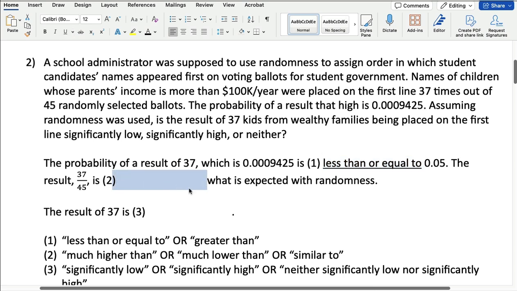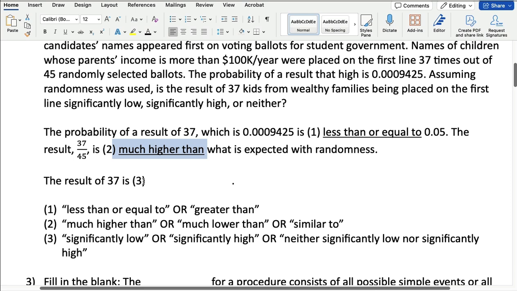Considering the low probability, and the statement in the directions, it says the probability of a result that high. So there's an acknowledgement that the result was high. If the probability of that occurring was small enough, then it is considered to be much higher than what is expected with randomness.